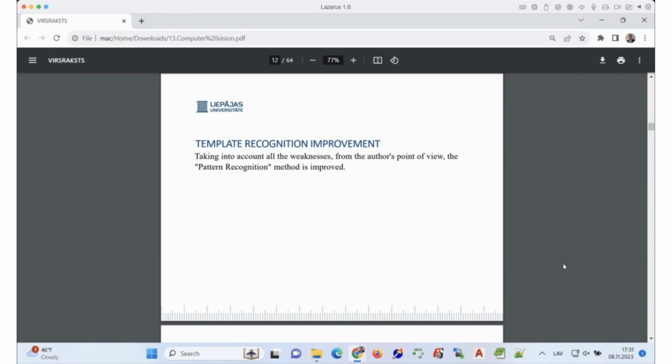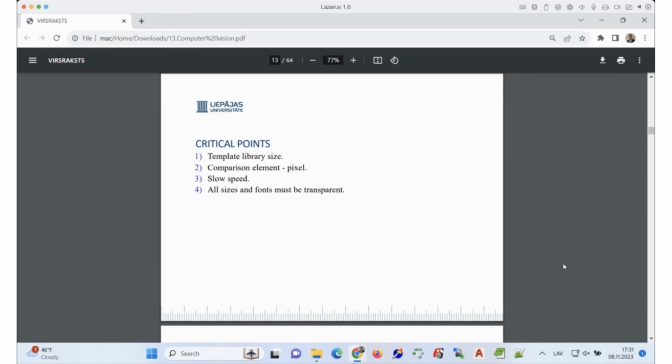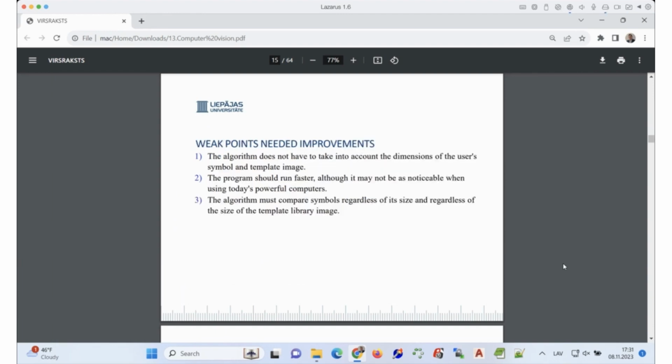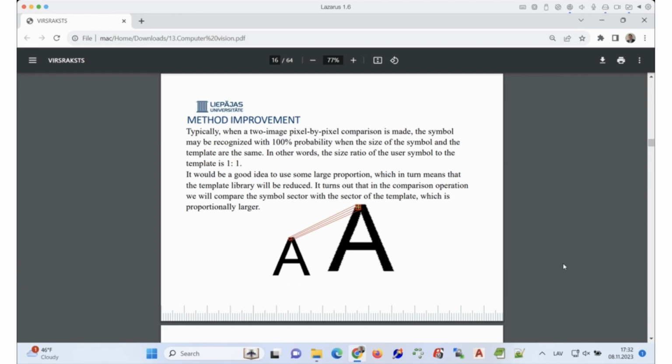So how can we modify this method? Well, we have to think about the critical points, like what influences the template library size, what the comparison will be, how to make the comparison faster, and so on. Well, maybe I will just show you the solution. We can think of some areas to be used for comparison.